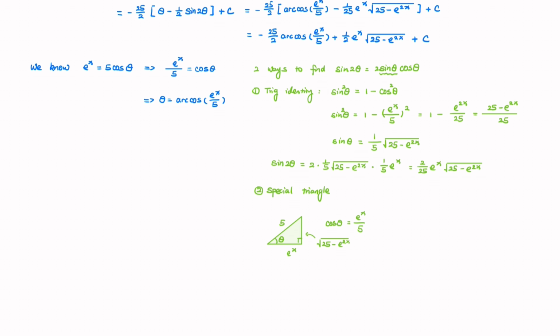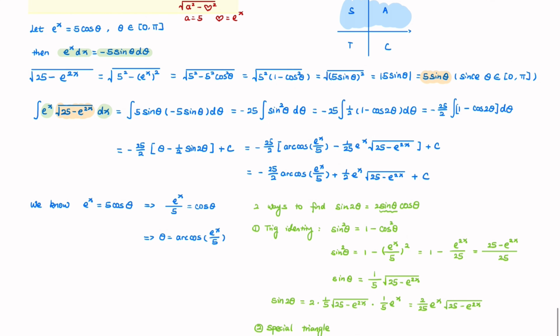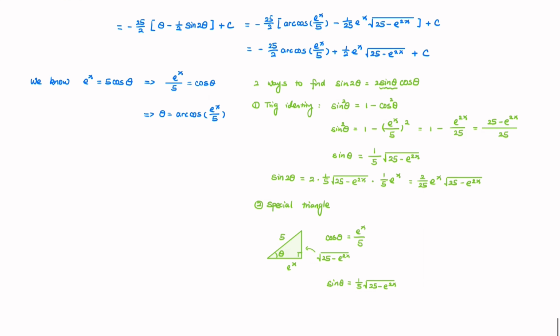In that case, I can figure out my sine immediately. So sine theta is going to be this over this, which is 1 over 5 square root of 25 minus e to the 2x. And we don't need to bother with the sign because before we already assumed that theta is in the region where sine theta is positive, so this is good.